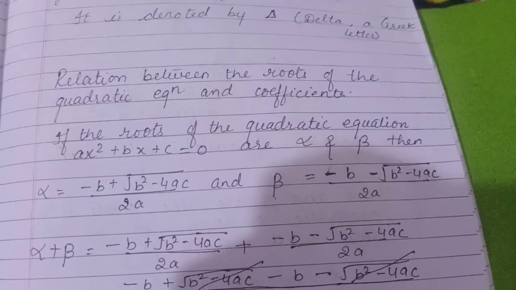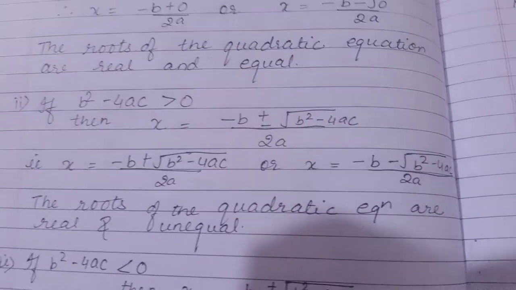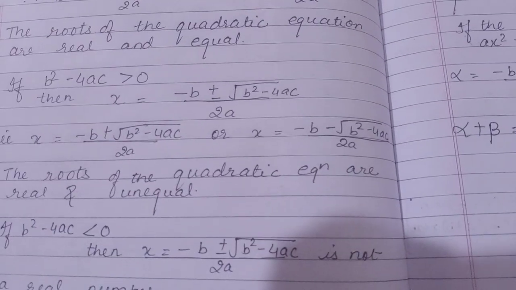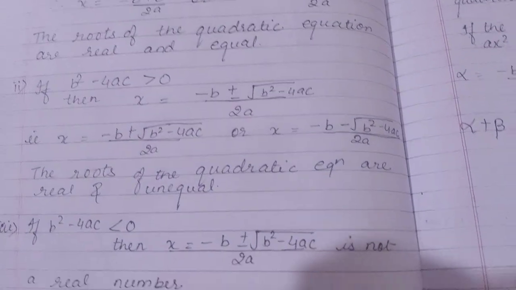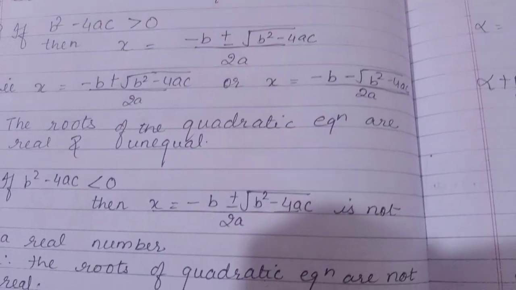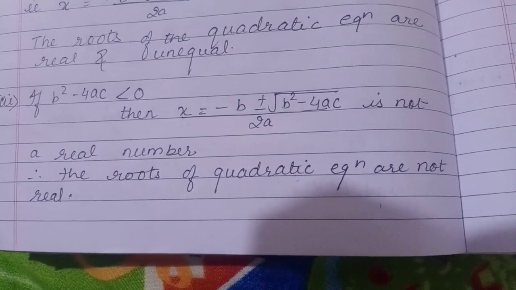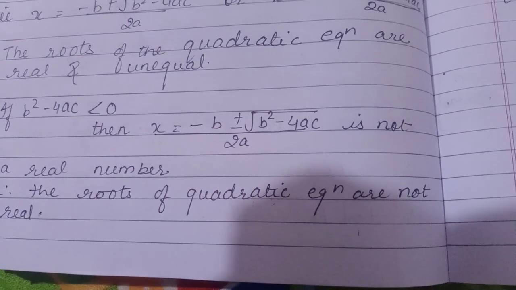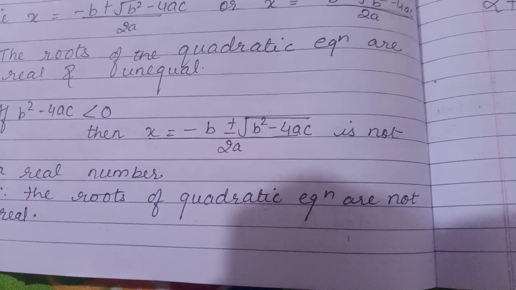If delta is equal to 0, that is b square minus 4ac is equal to 0, then the roots are real and equal. When b square minus 4ac is greater than 0, the roots are real and unequal, and if b square minus 4ac is less than 0, then the roots of the given quadratic equation are not real.